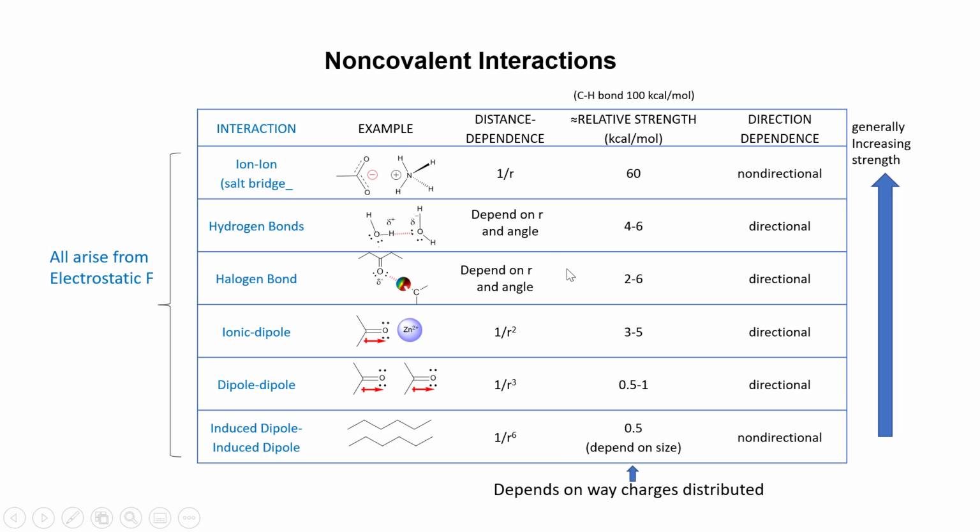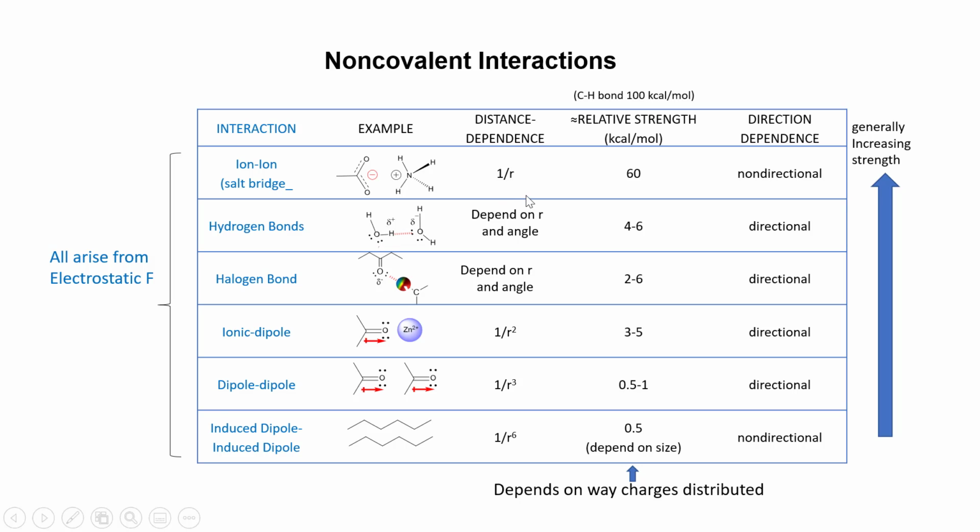The table shows their relative strengths based on the energy of the interaction. This is the directionality and this is the relative strengths. For point charges, we saw that the force between charges is proportional to 1 over r squared.